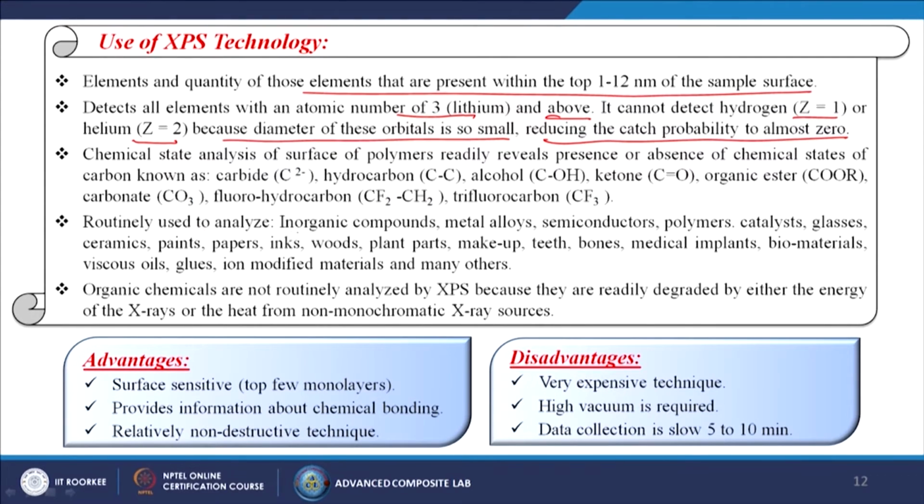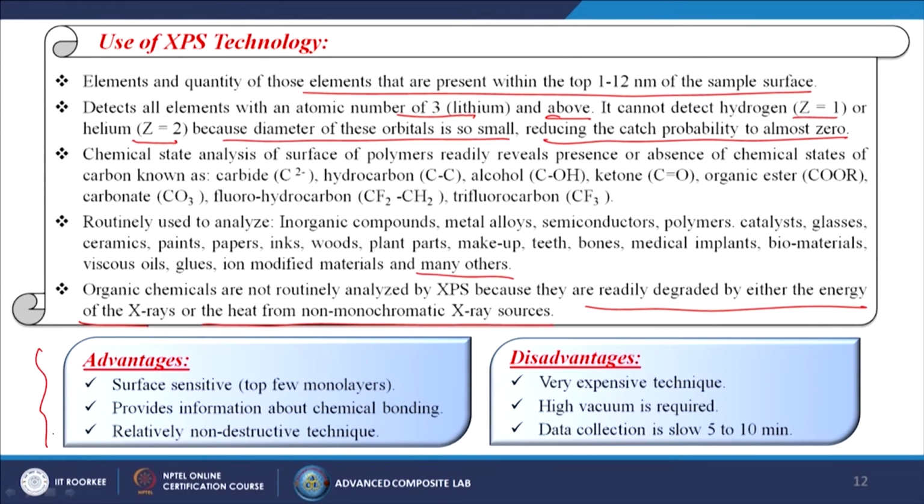It is routinely used to analyze inorganic compounds, metal alloys, semiconductors, polymers, catalysts, glasses, ceramics, paints, papers, inks, woods, plant parts, makeup, teeth, bones, medical implants, biomaterials, viscous oils, glues, ion modified materials and many others. Organic chemicals are not routinely analyzed by XPS because they are readily degraded by either the energy of the X-rays or the heat from non-monochromatic X-ray sources.